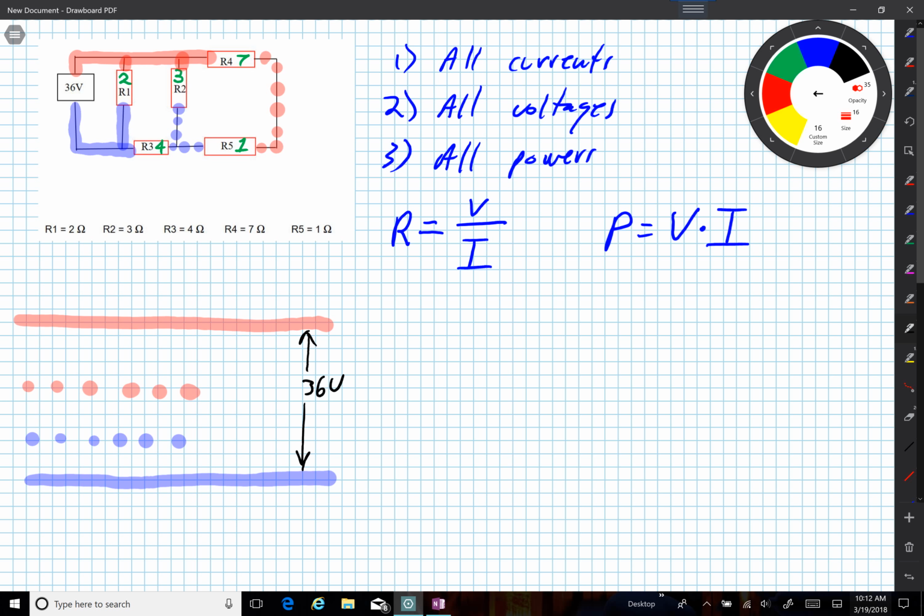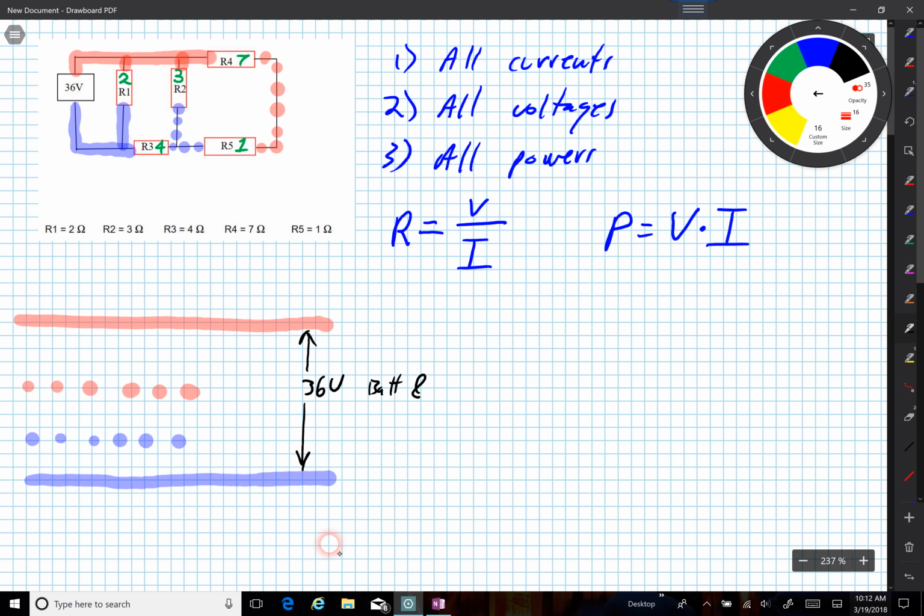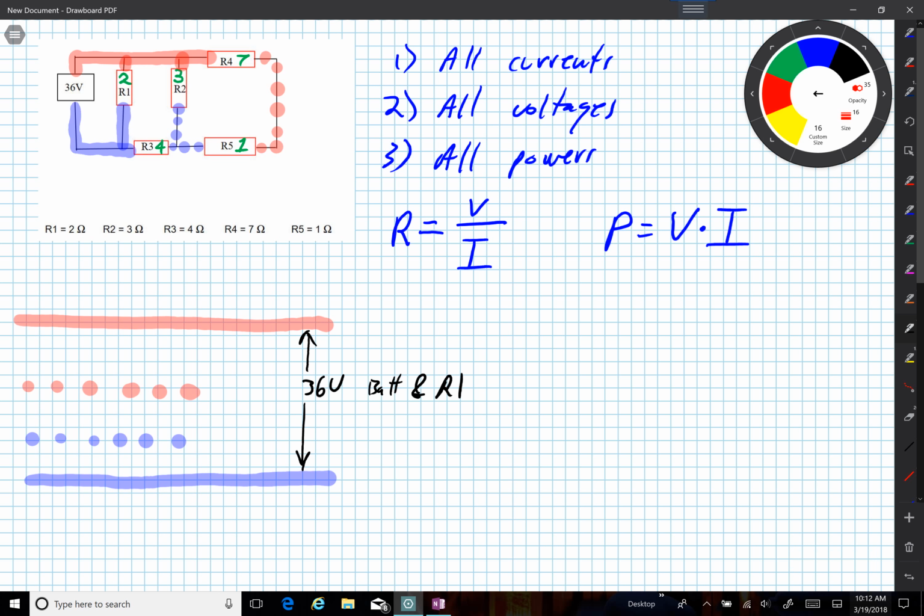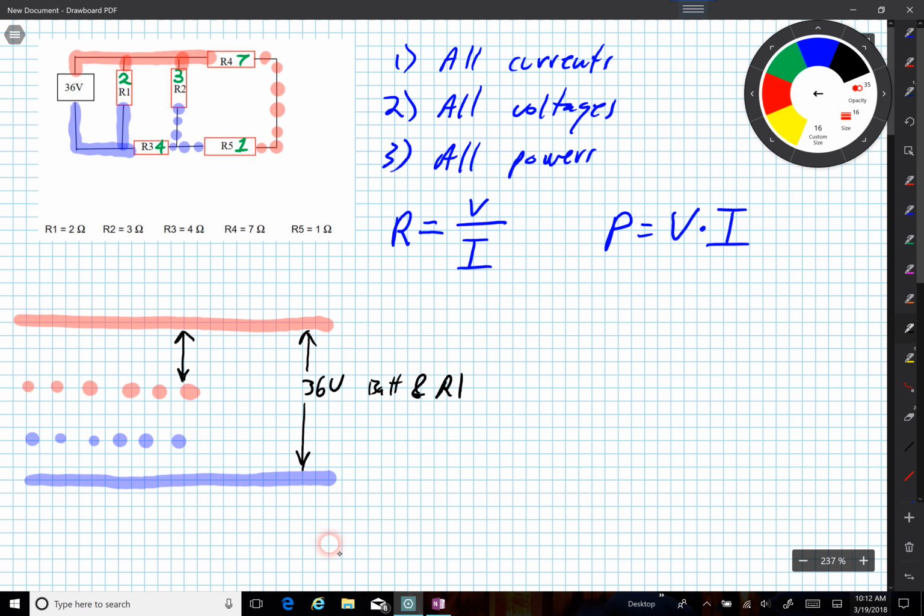This is my battery and R1. Have those color combinations across them, so they're in parallel. And then I have here to here, solid red to dash red. This is R4 across that color combination.